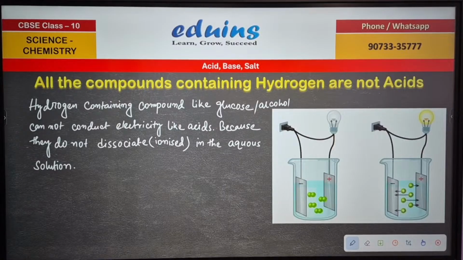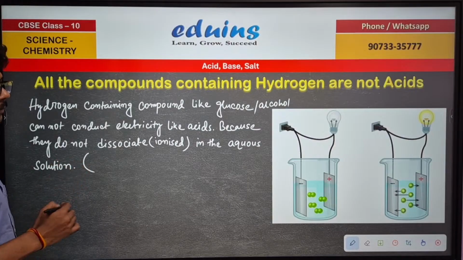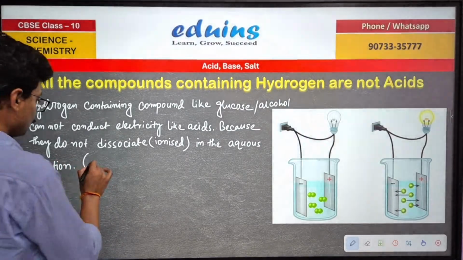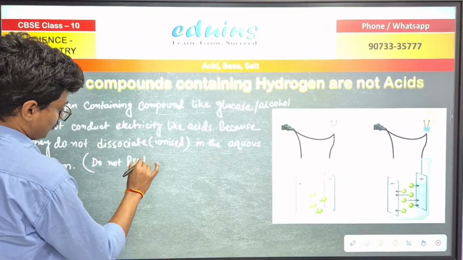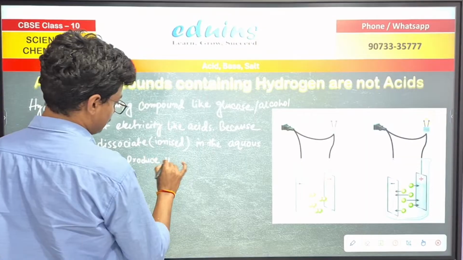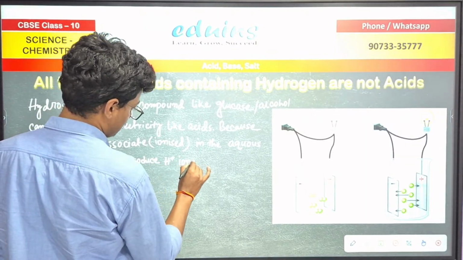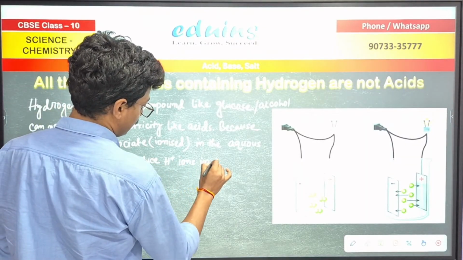The hydrogen containing compounds like your glucose, alcohol cannot conduct the electricity. Why? Because they do not dissociate in the aqueous solution. और यहाँ पे हम लोग लिख सकते हैं कि they do not produce H plus ion in aqueous solution.